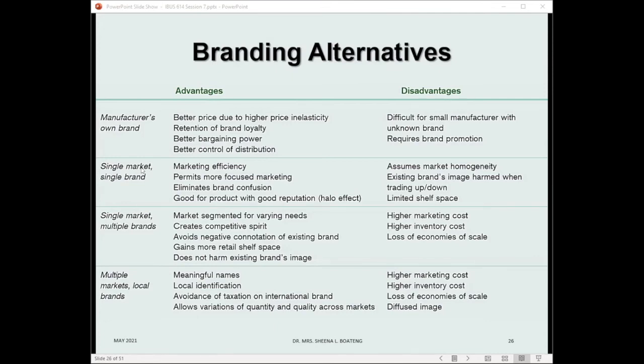A typical example is the Transsion example that I gave you. Transsion Holdings has multiple brands being sold in the Ghanaian market alone. They own the Infinix brand, the Tecno brand, and the itel brand, all of which are being sold in Ghana. We also see a typical example of this with Nestle and Unilever. They have Omo, Sunlight, all washing powders being sold in the same market.